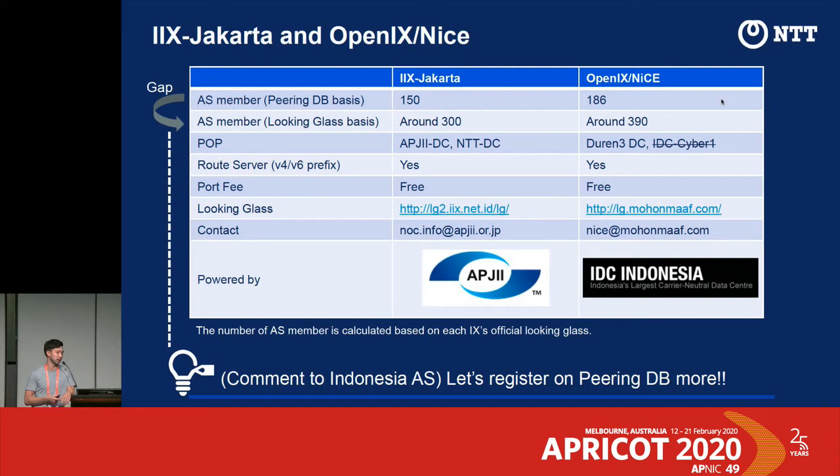But I knew that both IXs have more members, and I counted through the Looking Glass. There are 300 neighbors and 319 neighbors respectively. So there's a gap. Here is my comment to the Indonesian AS operators: let's register on PeeringDB more.